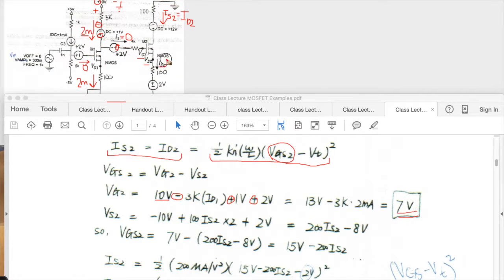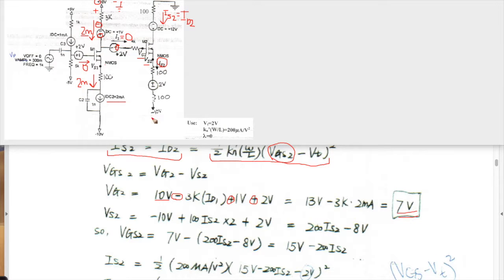The next thing we need to do is write an equation for IS2, and IS2 is going to be a loop from ground to VS2. So this would be a minus 10 and then a plus of the current times 100, and then a plus 2, and this one is also a plus 100 times the current.